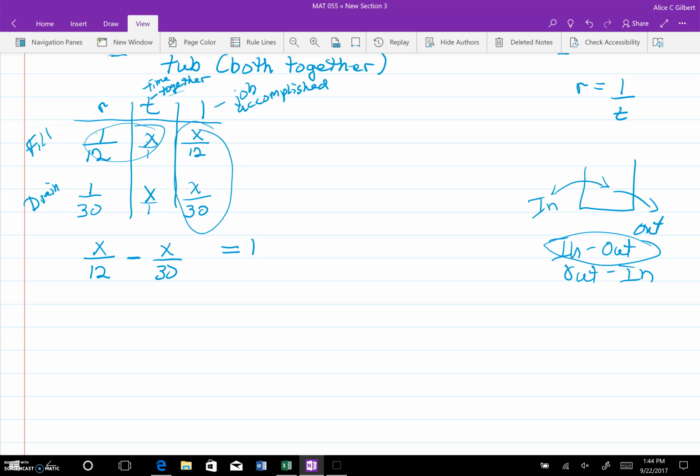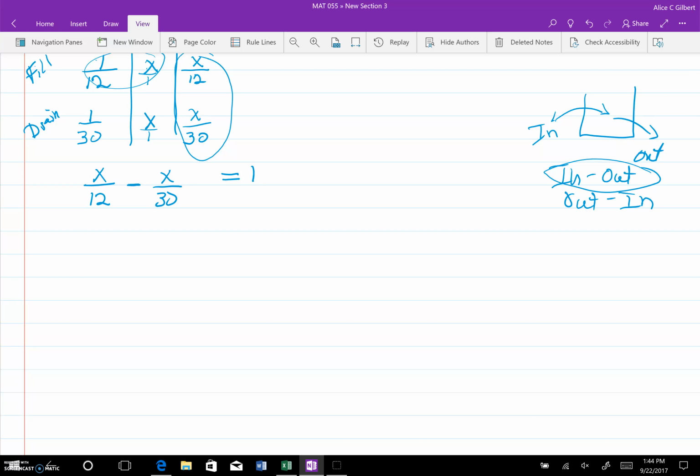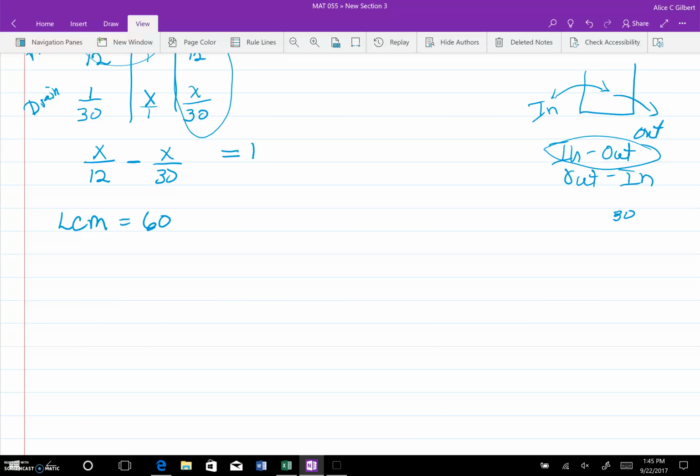And here's my equation. Now, this is not one fraction equaling another, so I cannot cross cancel. It means I need a lowest common multiple. Well, I'm going to take 30. 30 times 1 is 30. 12 doesn't go into that. 30 times 2 is 60. And 12 goes into that. So my LCM is 60.